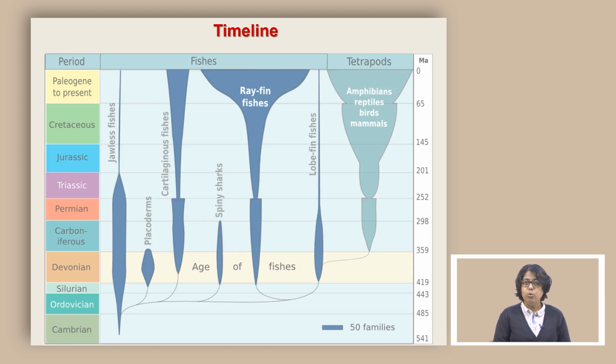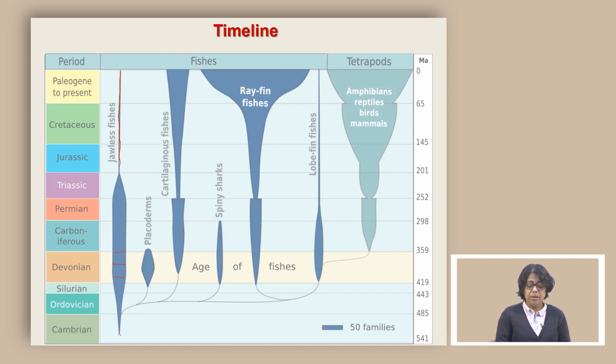Again, we are looking at different radiation, different diversification events of different fishes, and as we have seen, jawless fishes, for example, started in the Cambrian, they have quite a bit of diversity in the Devonian, but then after the Triassic it started to become narrow, showing that there are only a few types of jawless fishes that continue today.